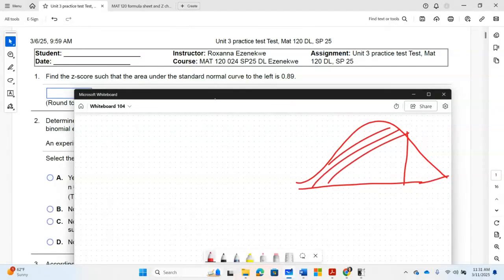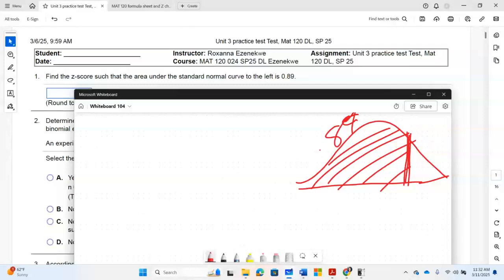So 0.89 is this region, the area to the left. And the question is, find the z-value corresponding to this boundary line. It's also called percentile. So what is the 89th percentile? That's another way of asking you about percentile.